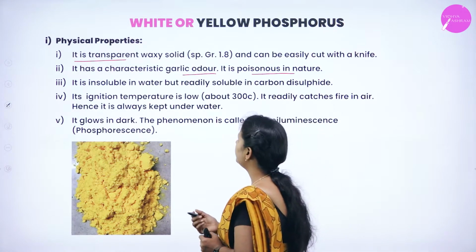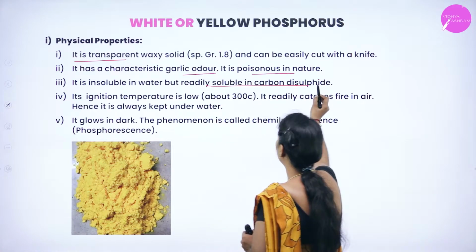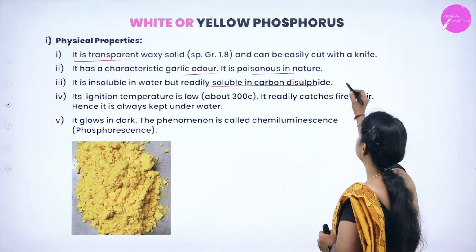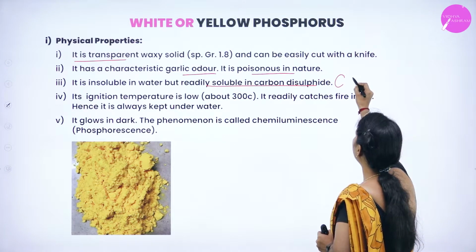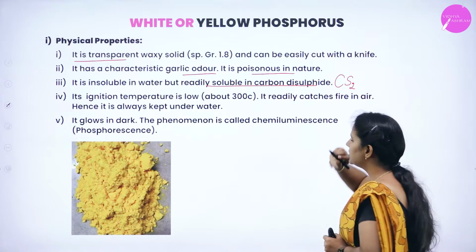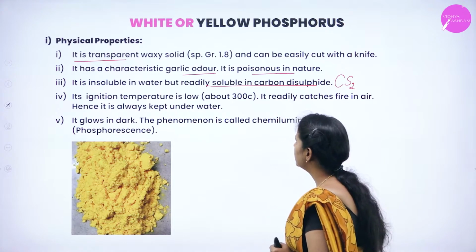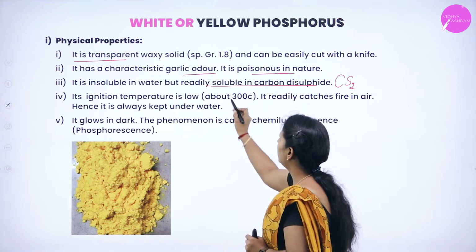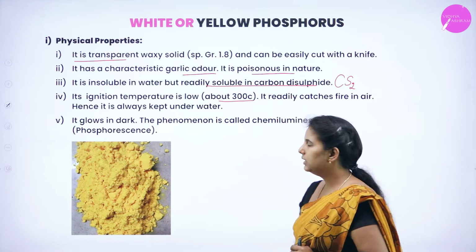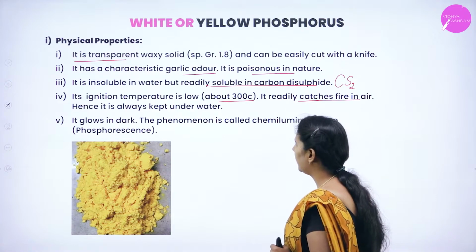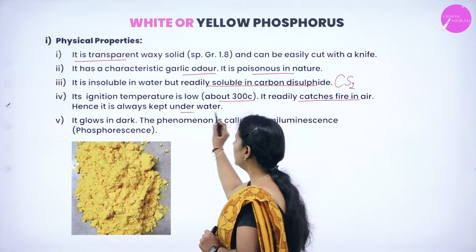And it is insoluble in water but readily soluble in carbon disulfide, that is CS2. And its ignition temperature is low. It is about 300 degrees Celsius and it readily catches fire in the air, hence it is kept under water.